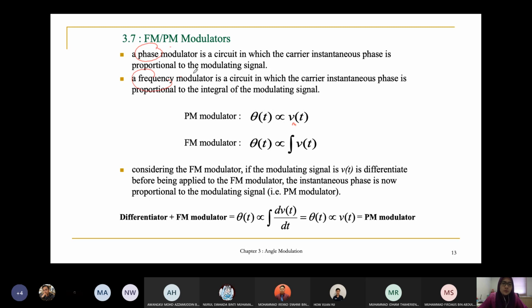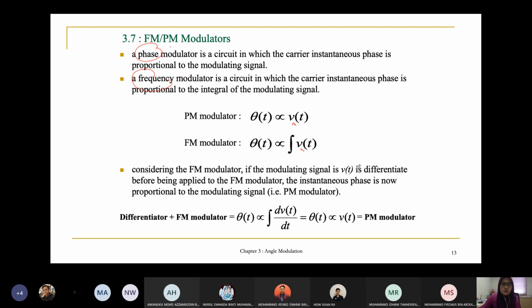Whereas for the frequency modulator, the carrier instantaneous phase theta t is directly proportional to the integral of the modulating signal. So considering the FM modulator, if the modulating signal Vt is differentiated before being applied to the FM modulator, the instantaneous phase is now proportional to the modulating signal, like a PM modulator.